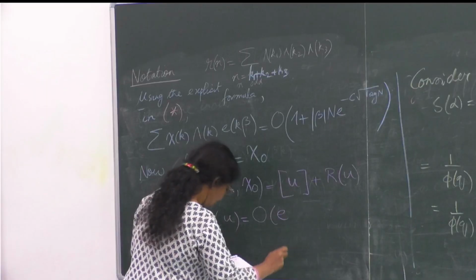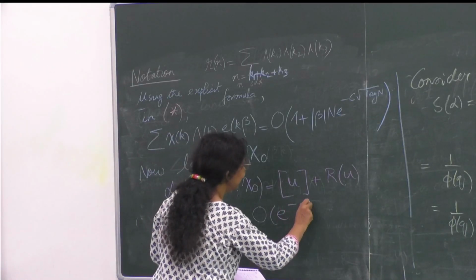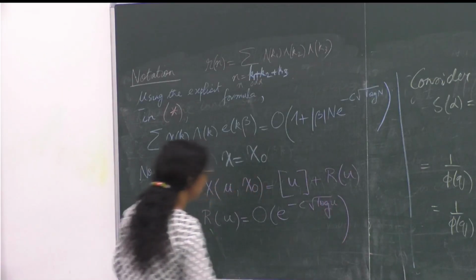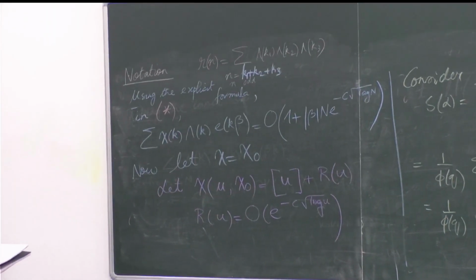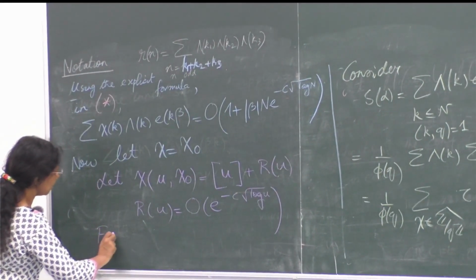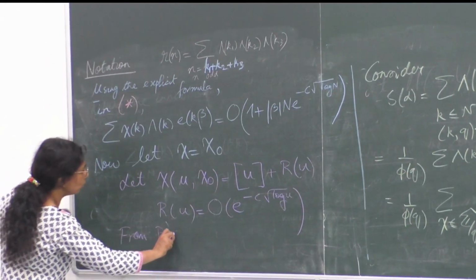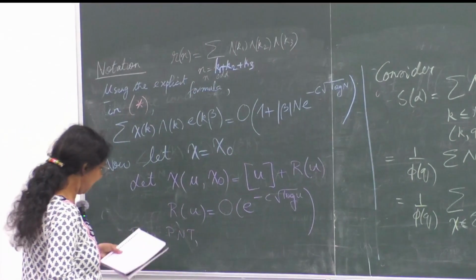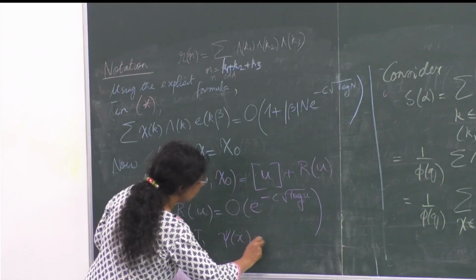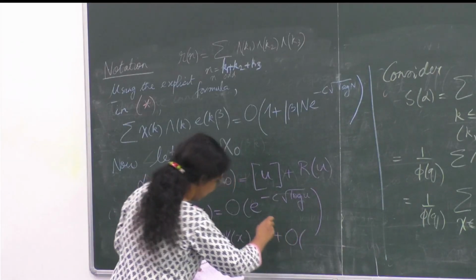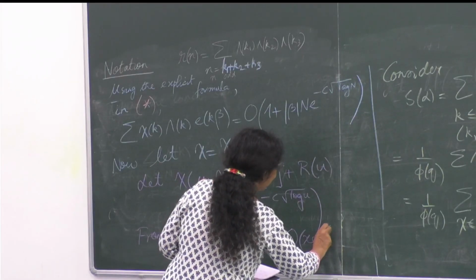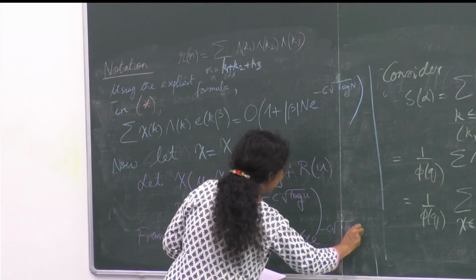It's big O of exponential minus c log of u. So from the prime number theorem, just the prime number theorem, here I don't need any chi, I know that psi of x is equal to x plus big O of x exponential minus c log of x.